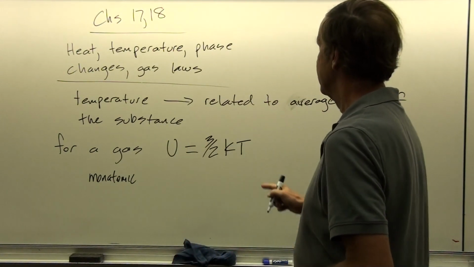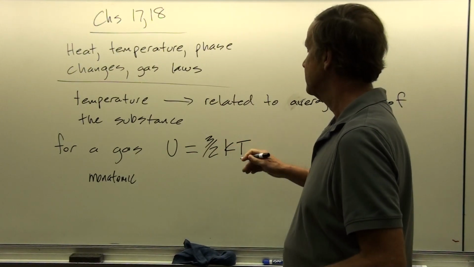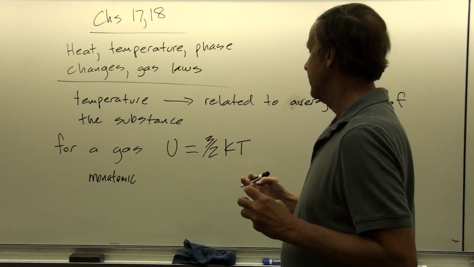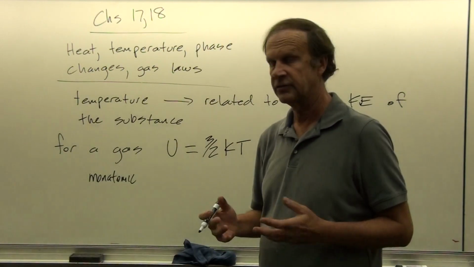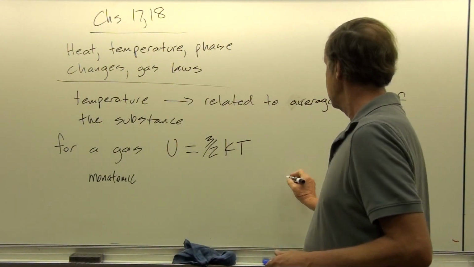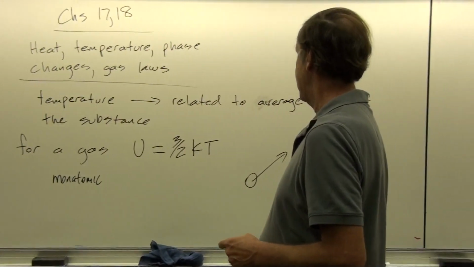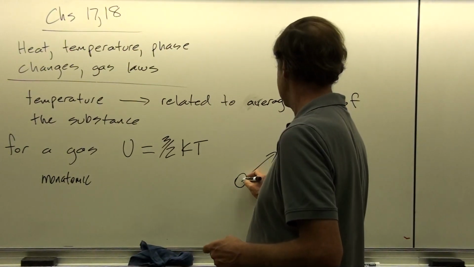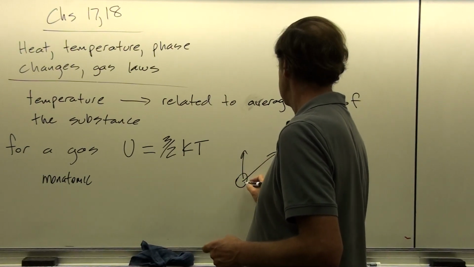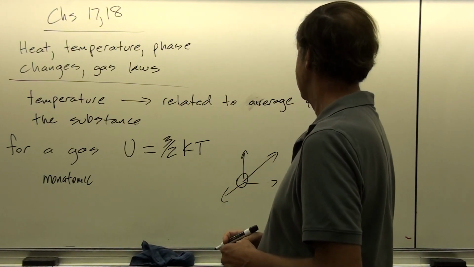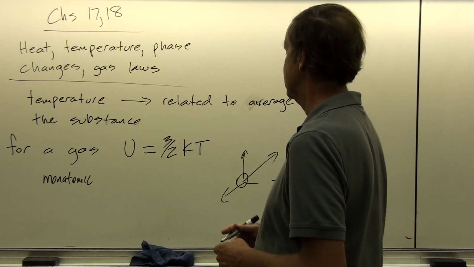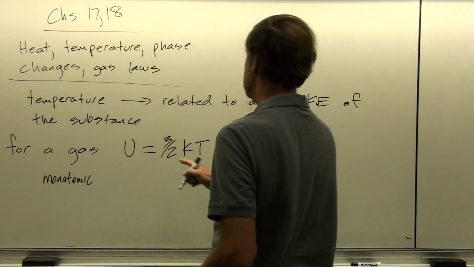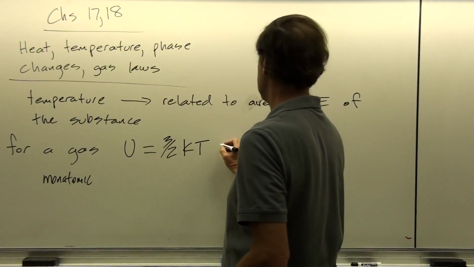Okay, where there is 1/2 kT for each degree of freedom, indicating that there are x, y, and z motions for the molecules in the gas. And so for the x motion, you'd have a 1/2 kT. For the y motion, you'd have a 1/2 kT. And for the z motion, you'd have a 1/2 kT. So this is essentially then the internal energy as it relates directly to the temperature.